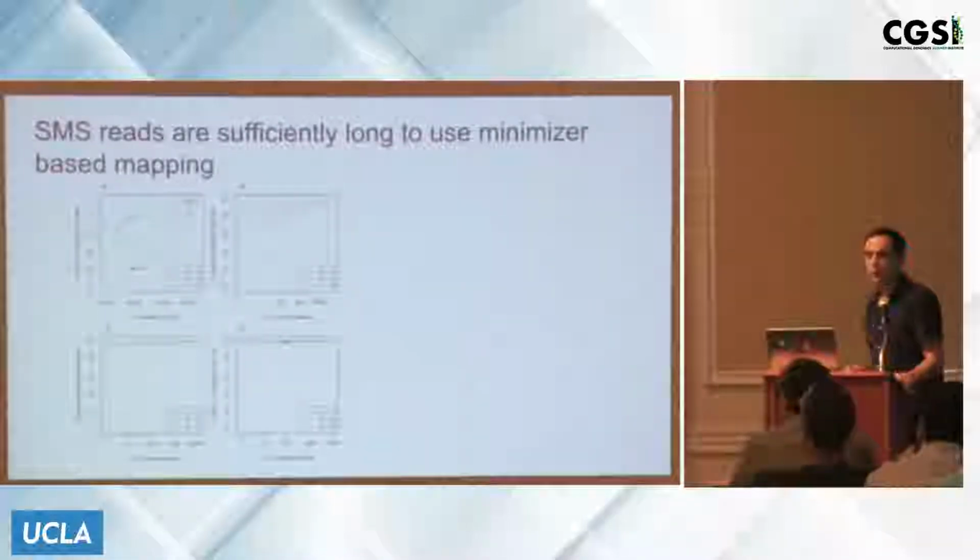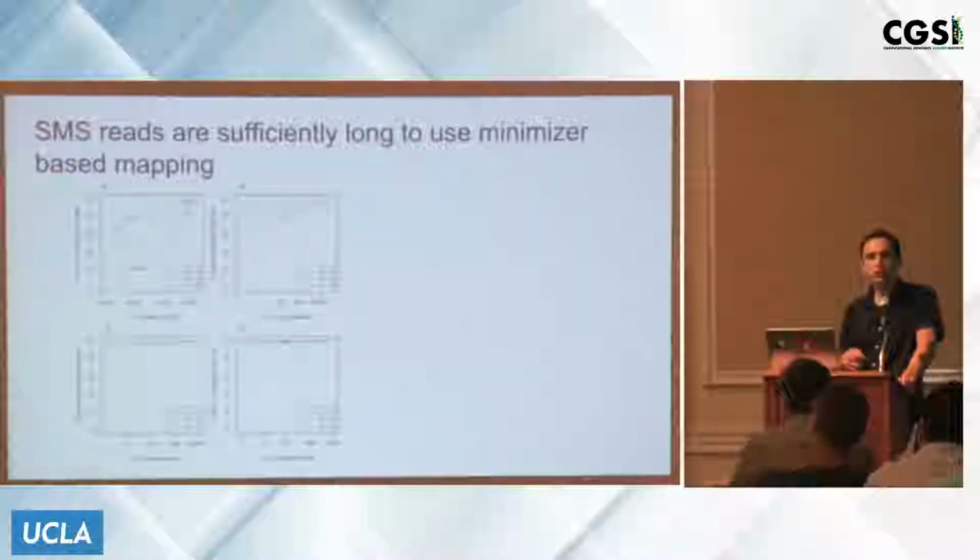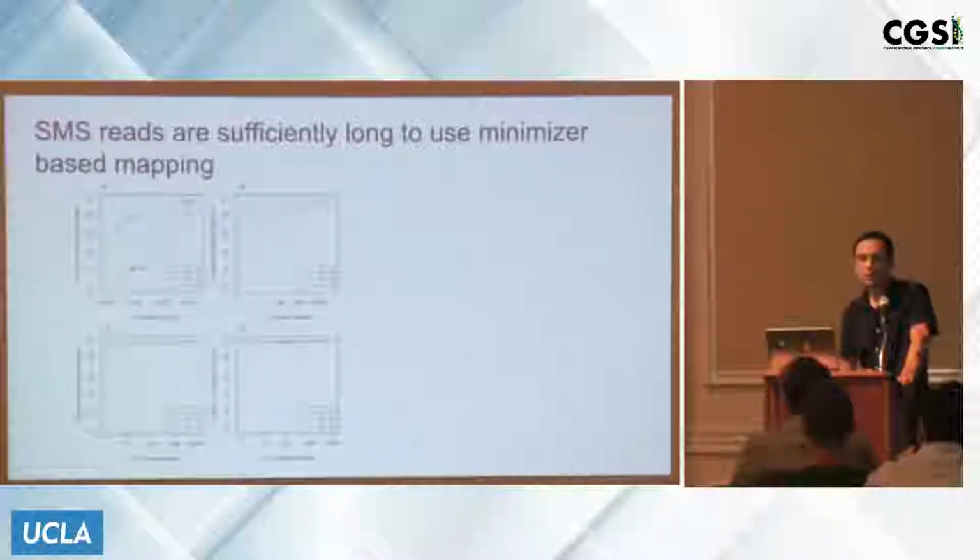So one of the things that you can look at is how often you are able to exactly align a read back to its correct position in the genome using something like minimizer-based mapping.